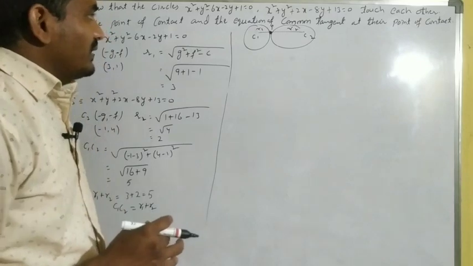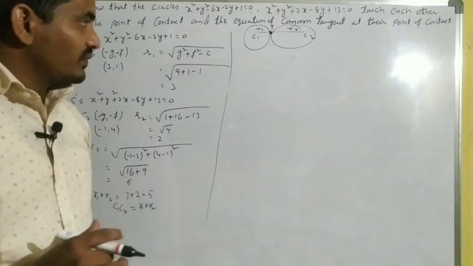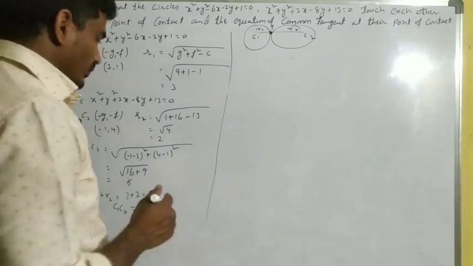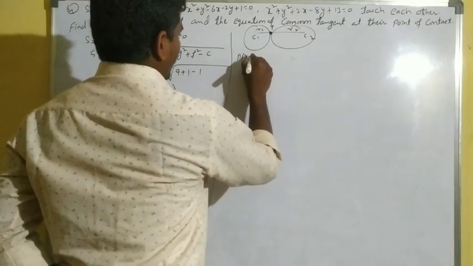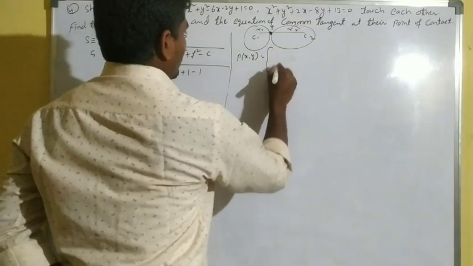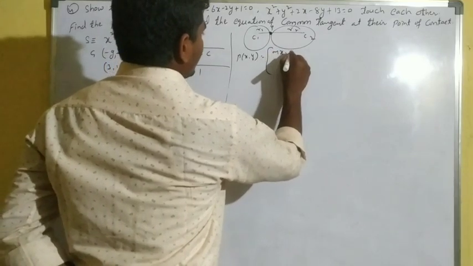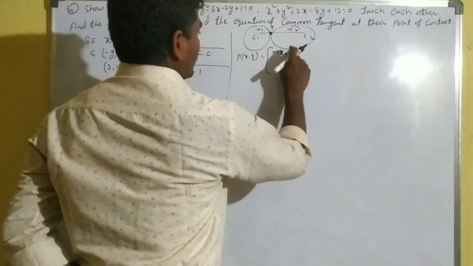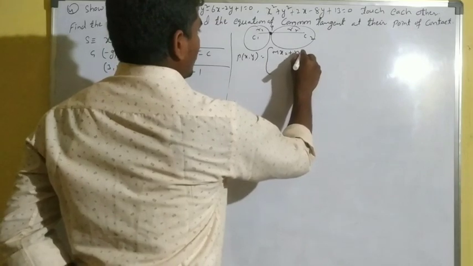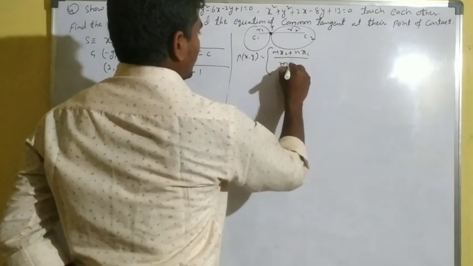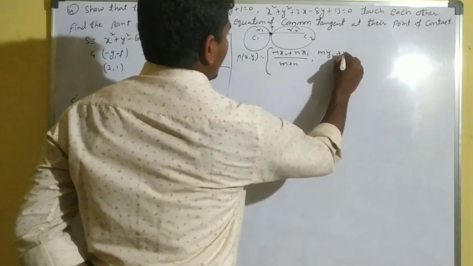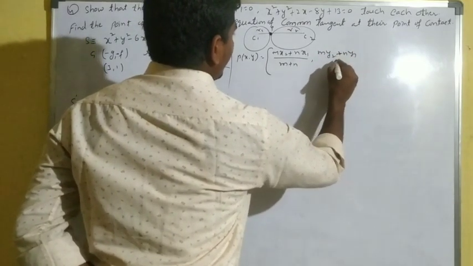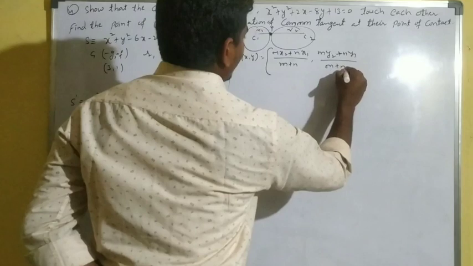So to find the point of contact, I am taking the section formula. Point P, I am taking as x comma y, equals (mx2 plus nx1) by (m plus n) comma (my2 plus ny1) by (m plus n).